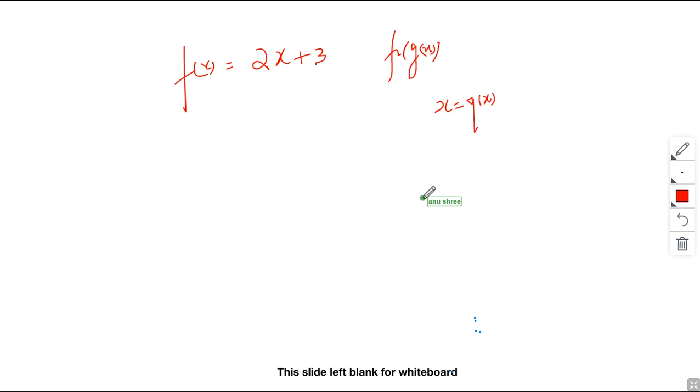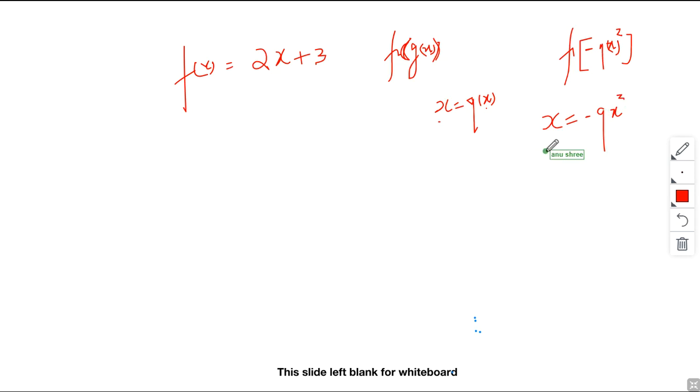Kind of. See, whatever is inside this small bracket, whether it's g(x), f(x) or anything, you have to put x equal to that value. Even if it's written as f of minus g(x) whole squared, it's inside this bracket of f, that means x is equal to minus g(x) squared.